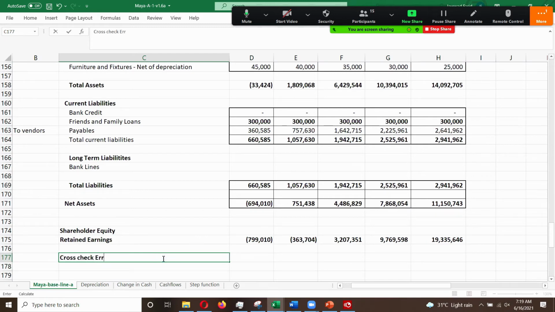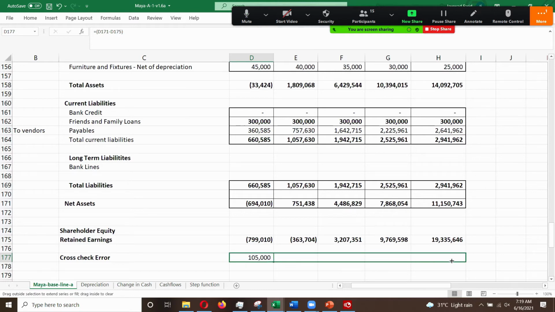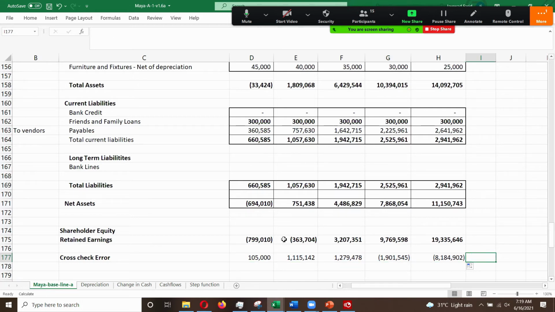Your cross check is that this calculation of retained earnings and this number that you've done here should match. So net assets minus this should be 0, but it's not, and it's actually growing.